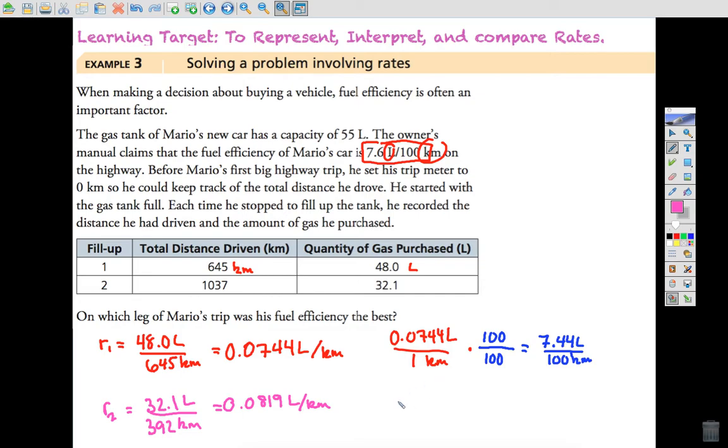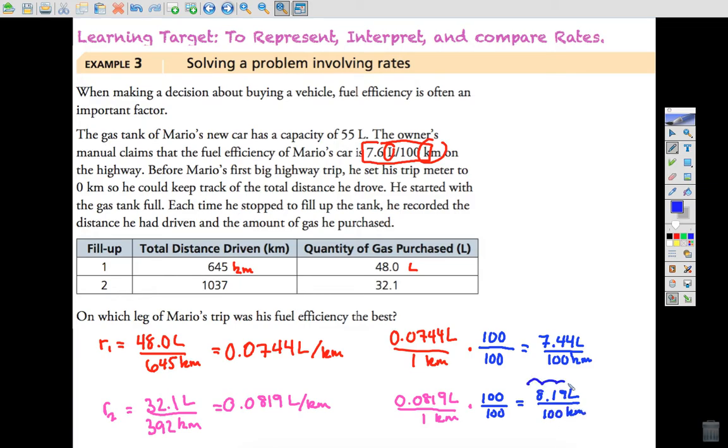And so again, if I wanted to take that unit rate, which I could express as a fraction, 0.0819 liters per 1 kilometer, and make that over 100 kilometers, I'm simply going to multiply by a clever form of 1. And this would move my decimal twice to the right, so I end up getting 8.19 liters per 100 kilometers.